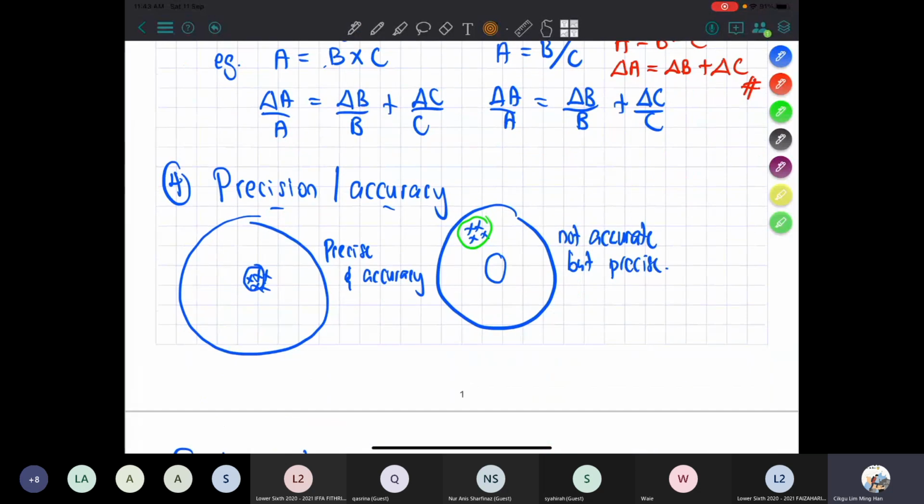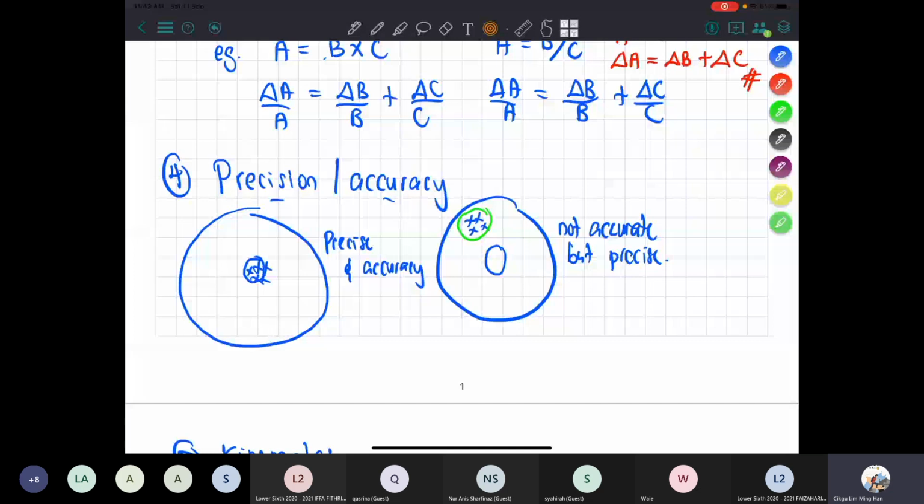And then number 4. I remember this one is done by Faiza. She talked about the game thingy, and who is a good shooter and so on. So number 4, you must understand the idea of precision and accuracy. For example, in this one, you see all the crosses are in the center.